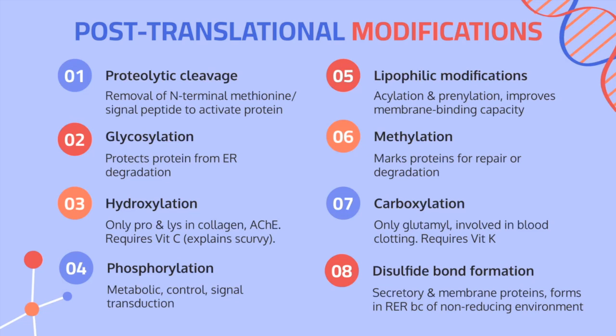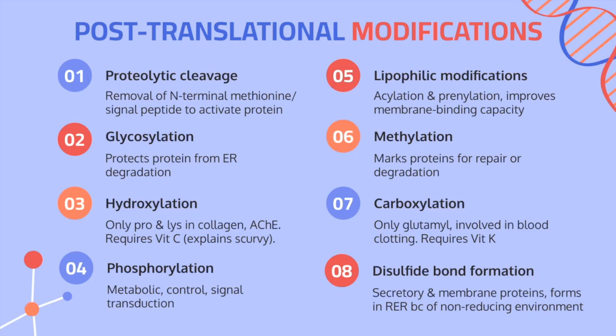And we have carboxylation, which only happens to glutamyl residues and is involved in blood clotting. This process requires vitamin K. And you might know from the blood chapter in Bio 2 that certain clotting factors require vitamin K to be synthesized.